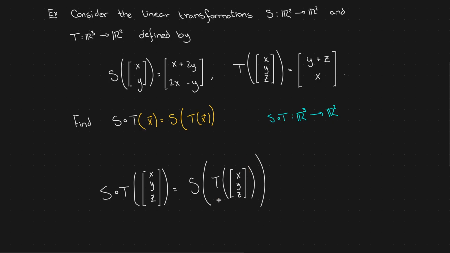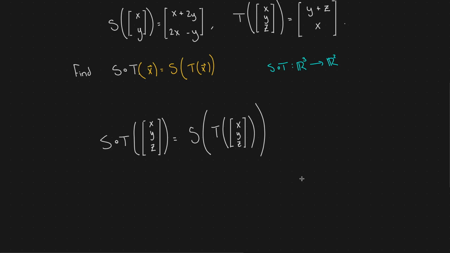We first plug our vector into T. If we plug x, y, z into transformation T, the result is a two-component vector. The first component is y plus z. The second component is x. So I'm just going to plug that in right here: S of y plus z, x. Next, we want to find S of y plus z, x.